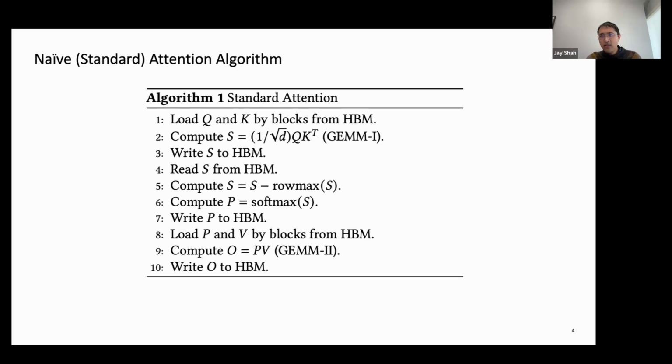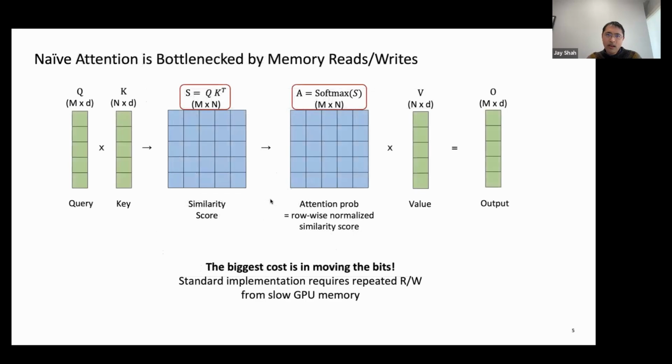So this involves an intermediate write and read of the scores matrix to HBM. That causes naive attention to be bottlenecked by memory reads and writes, because of the size of the scores matrix and the slowness of reading and writing from HBM as compared to working on chip.